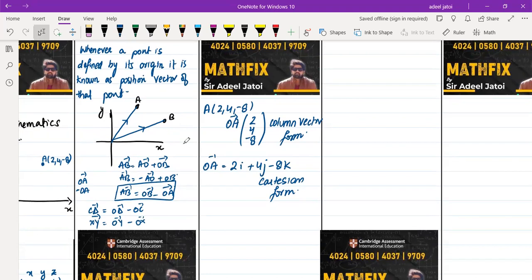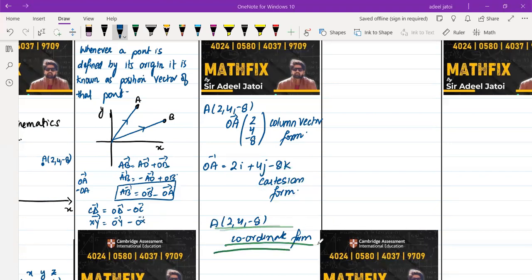Similarly, if we have the normal coordinate form, this will be 2, 4, and negative 8. This is your coordinate form. That means if we have OA, that is your column format because change in X, change in Y, change in Z. i, j, k will give me the Cartesian form, and normal 2, 4, minus 8 will be your coordinate form. Similar case with OB as well.